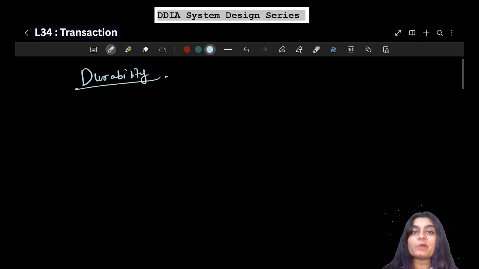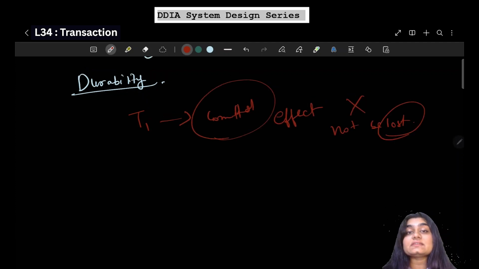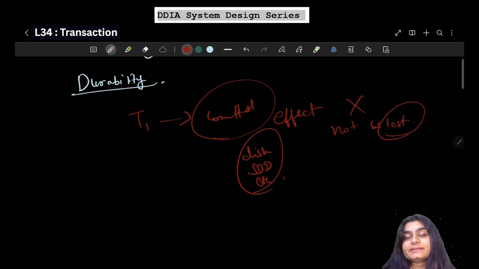Okay, so now let's talk about durability. Durability guarantees that once a transaction is committed, its effect will not be lost, even if the system crashes immediately afterwards. In practical terms, durability means the database has safely written the transaction's data to non-volatile storage, for example, disk, SSD, etc., or replicated it to other systems, such that a subsequent power loss or hardware failure will not undo the transaction.